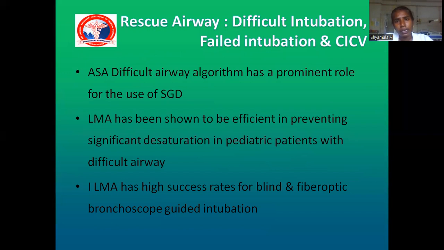According to ASA, the difficult airway algorithm has a prominent role for the use of supraglottic airway device. LMA has been shown to be efficient in preventing significant desaturation in pediatric patients with a difficult airway. In the case of the intubating LMA, as I told, we have a high success rate of blind and fiber optic bronchoscopic guided intubation.